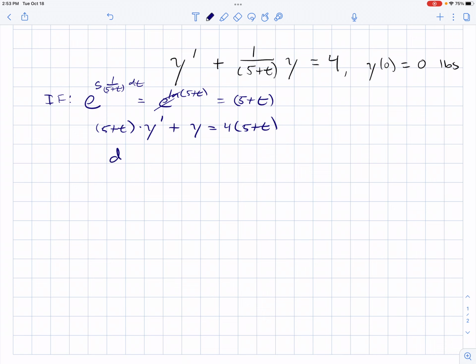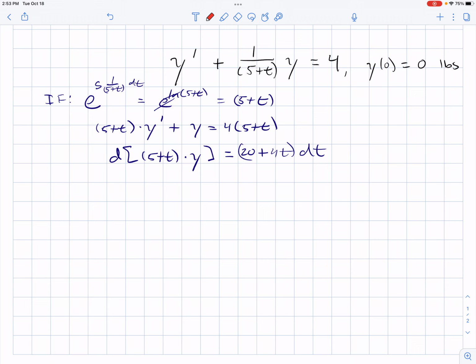And then we rewrite this as the derivative of the function 5 plus t times y being equal to 4, or I'm going to distribute that, being equal to 20 plus 4t, and that's going to be dt, because we are going to integrate to solve, and we need that in terms of dt there.